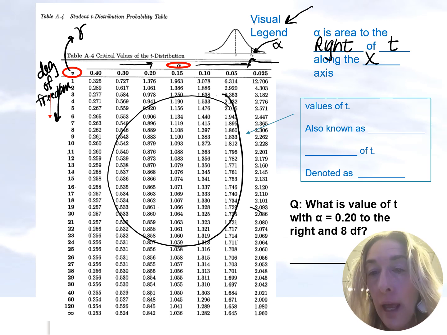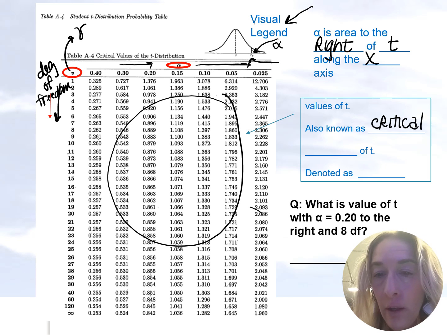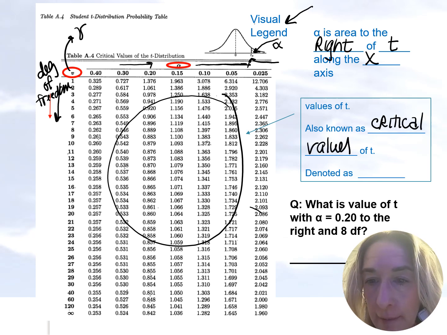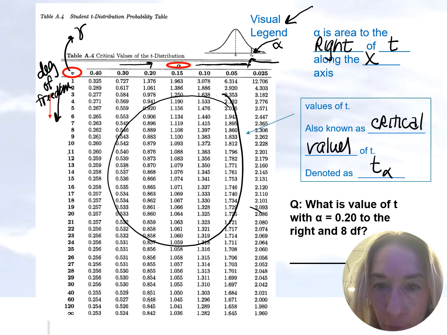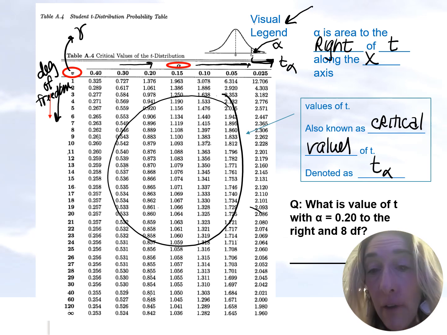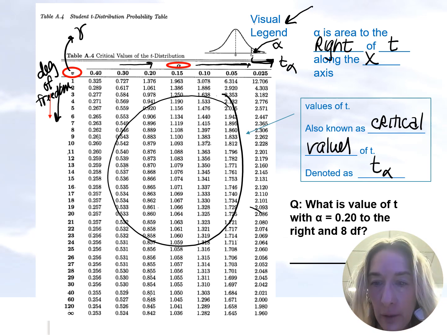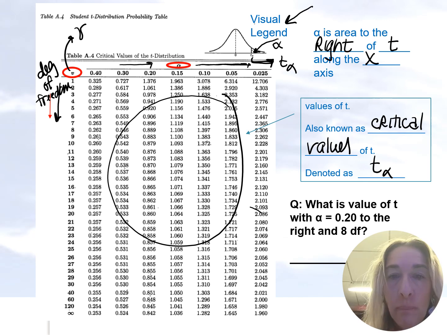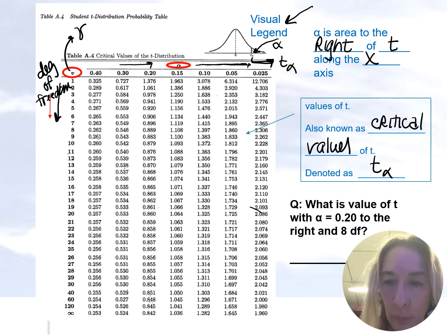These are also known as the critical values of t, and they are denoted as t sub alpha. As you can see here along the x-axis, the critical value is denoted by t sub alpha because it has an area or probability of alpha to the right of it.